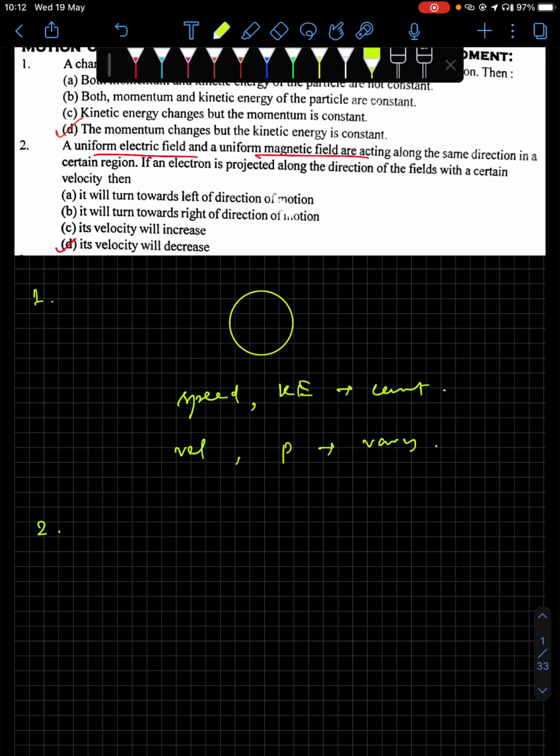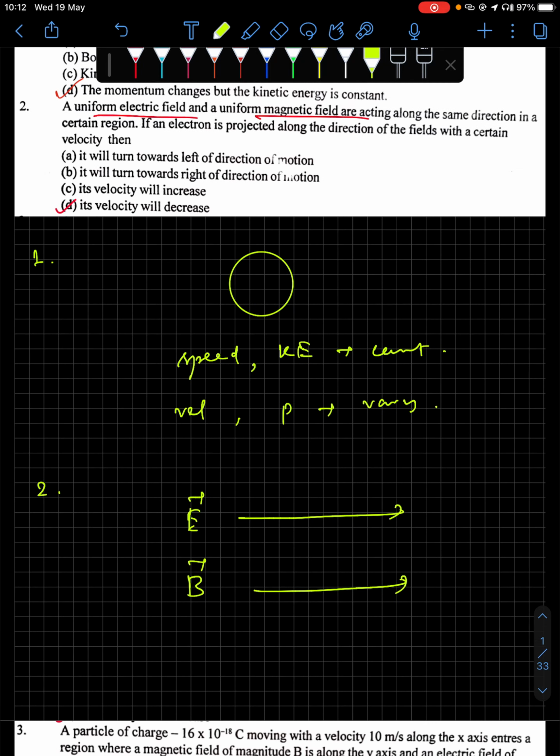Electric field is acting this way, magnetic field is also acting this way. You know that positive charges tend to move along the field, negative charges tend to move opposite to the field. So positive charge will be accelerated, negative charge will be retarded, right? So the speed will decrease.